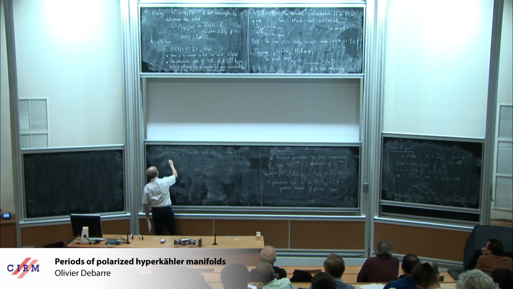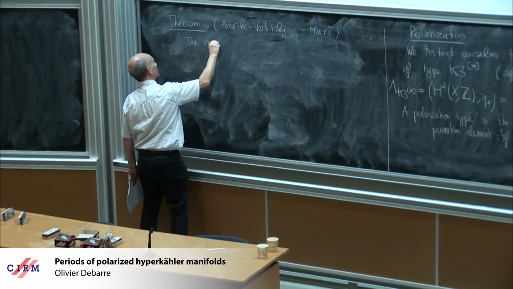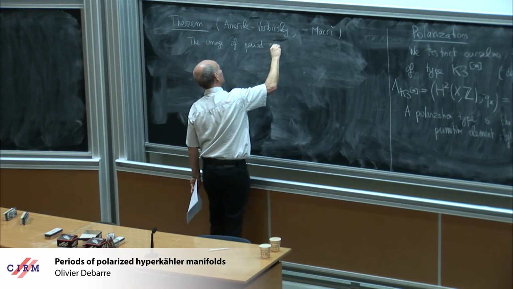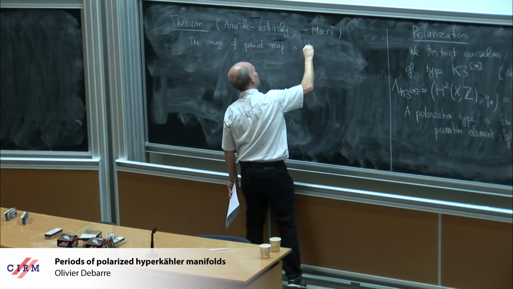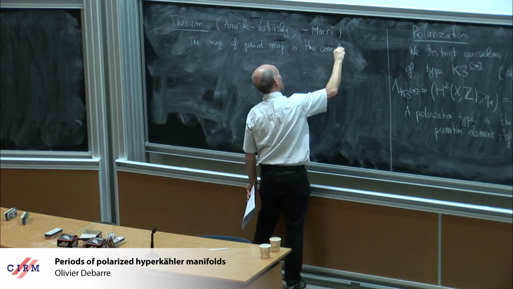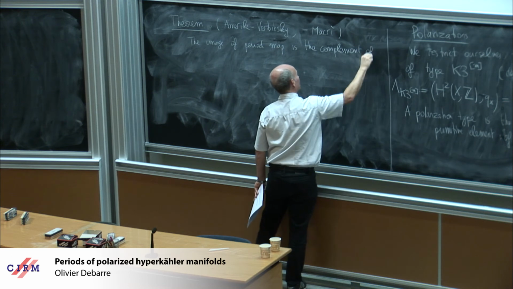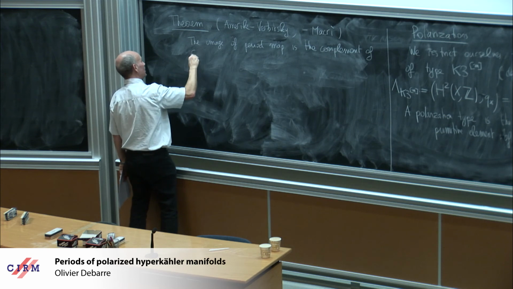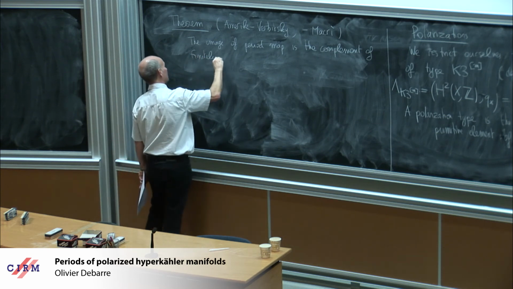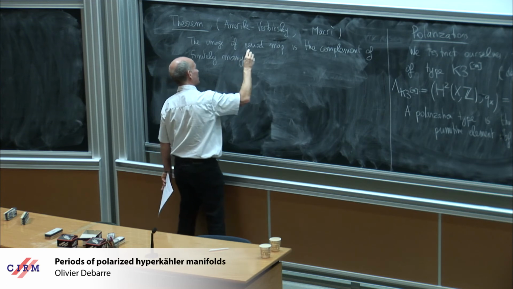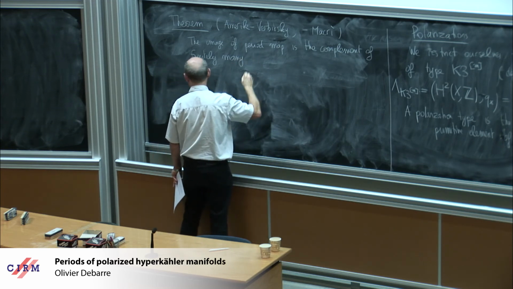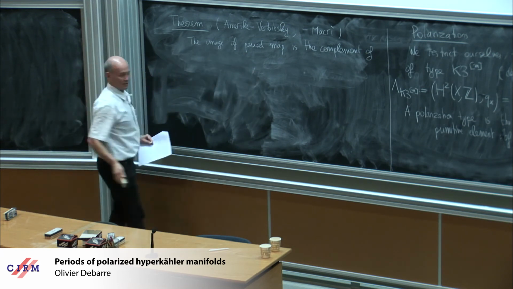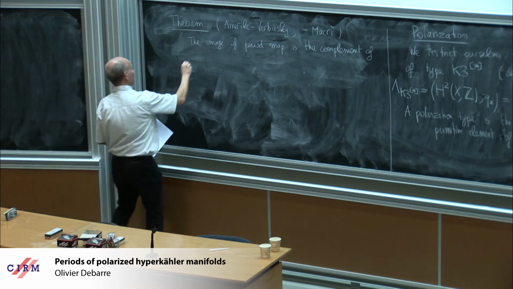The image of this period map is the complement of finitely many, well, of course, maybe just the complement of a hypersurface, which has a certain number of components.